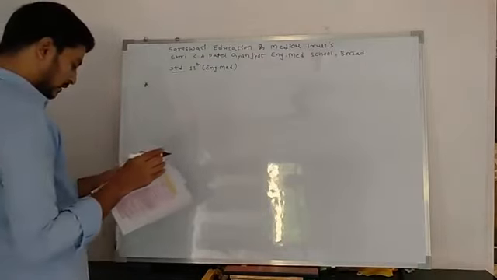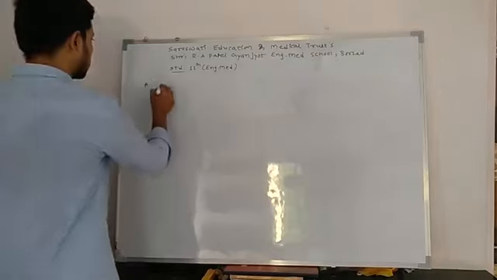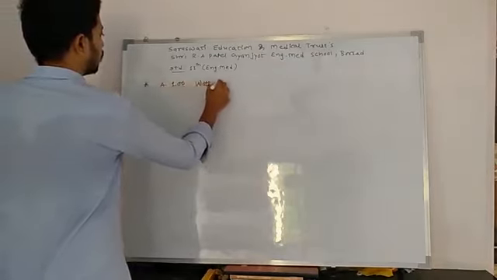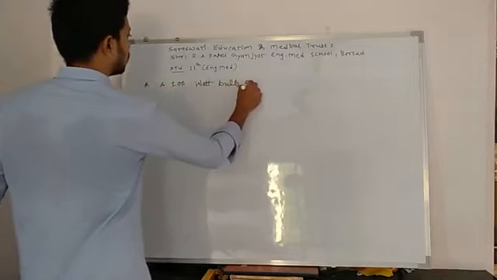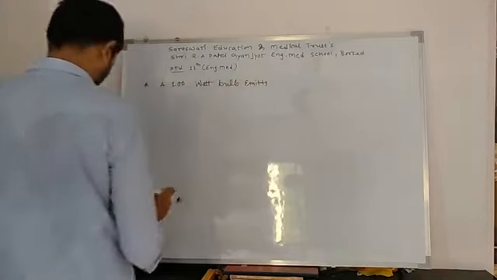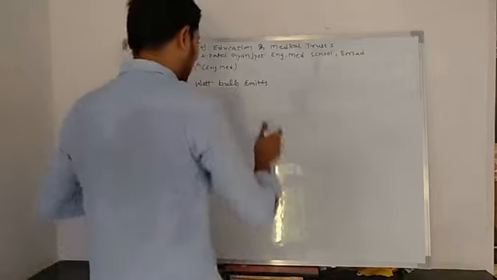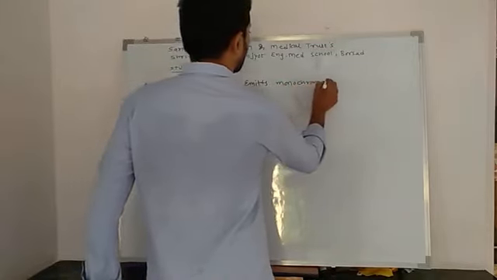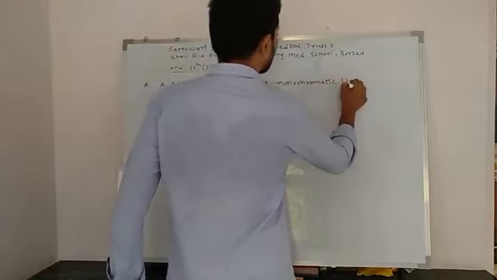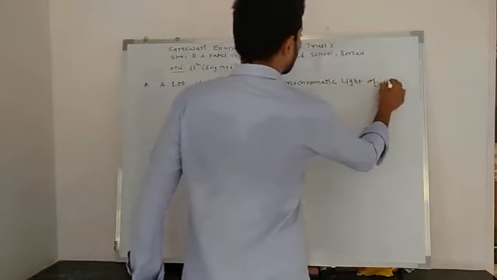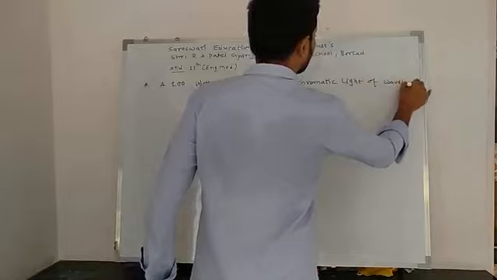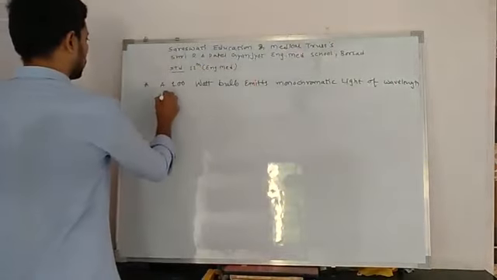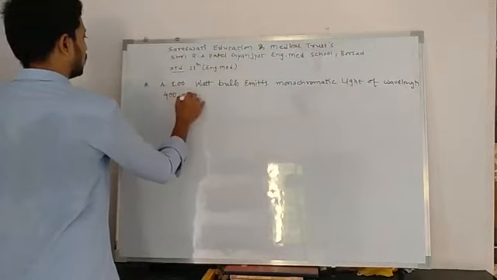So the numerical is: a 100-watt bulb emits monochromatic light of wavelength 400 nanometer.